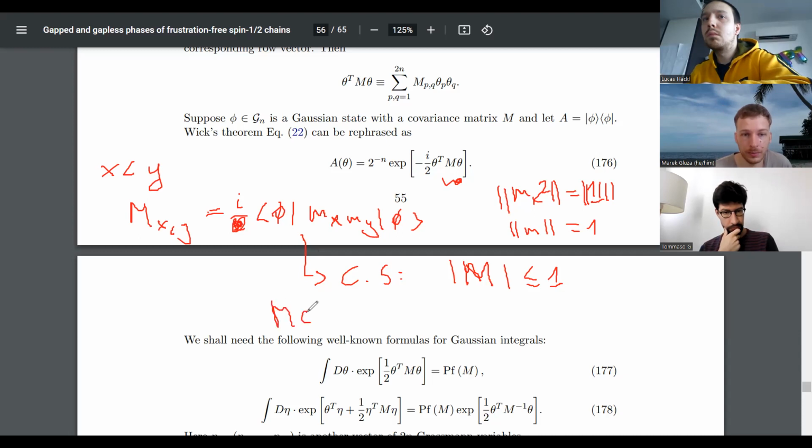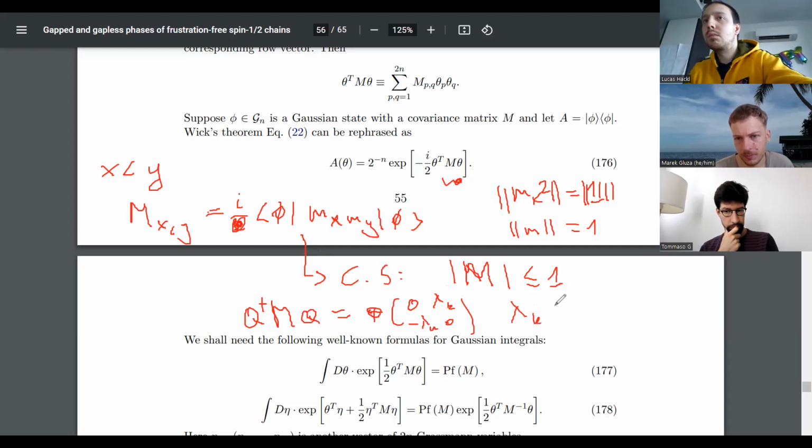But M can be put into a form by an orthogonal transformation that we already saw, with blocks 0 lambda_k, minus lambda_k 0, and then, as in some of the previous papers by Bravyi, this lambda_k has to be plus or minus 1. And if it's actually attaining it, so if it's equal to 1, then it's a pure state. That's the condition for purity.